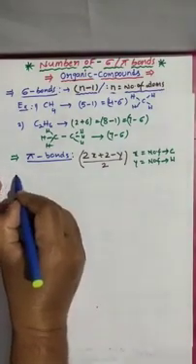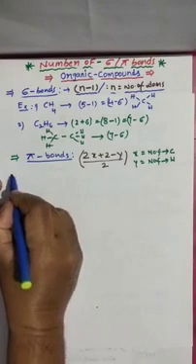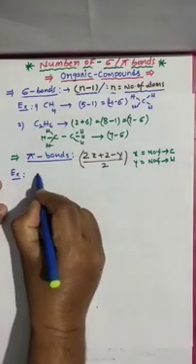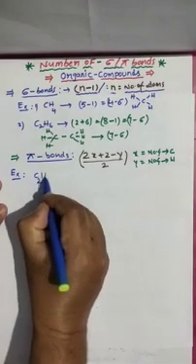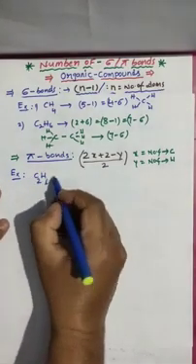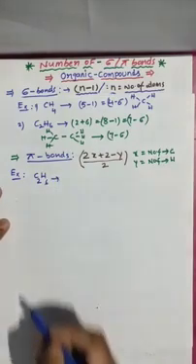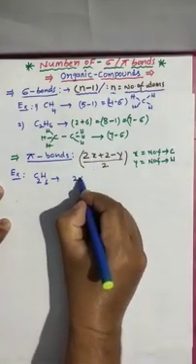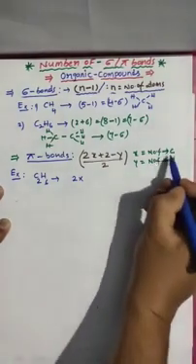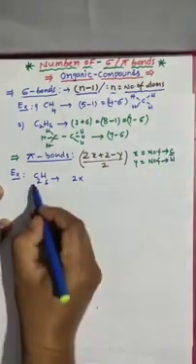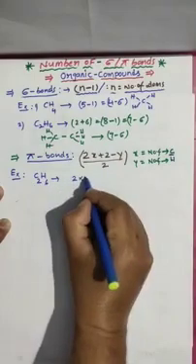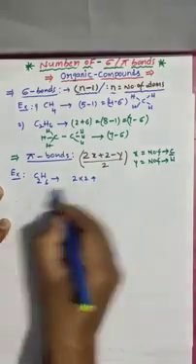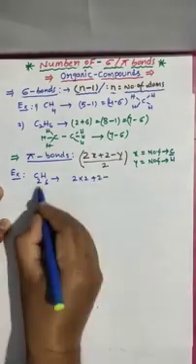I am taking one molecule as an example. Go for here, C2H6. And now we have to cross check pi bonds. 2 into x. X means number of carbon atoms. How many carbons are there? 2. Plus 2 minus y.